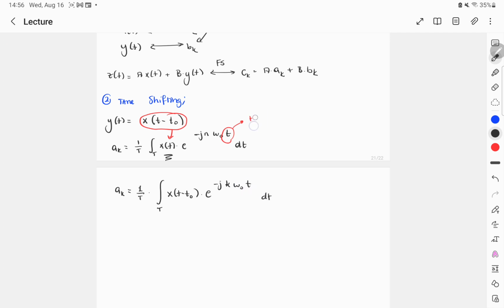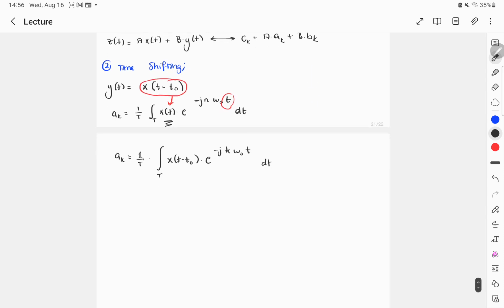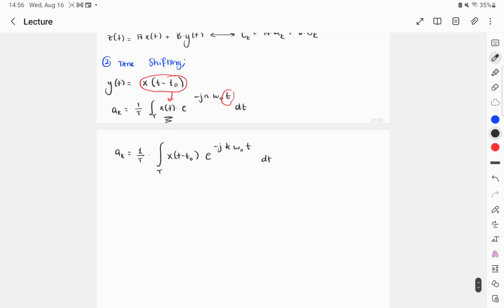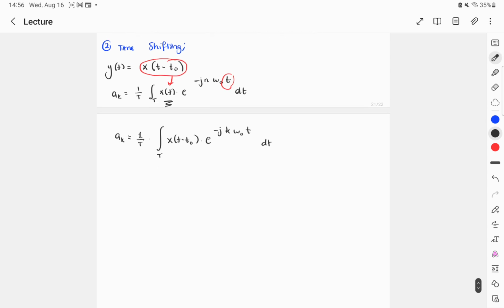I'm sorry, we will not change it. It will remain like this, and we will use a different technique, as I will show now. Instead of t minus t0, we will write tau, and t will equal tau plus t0.